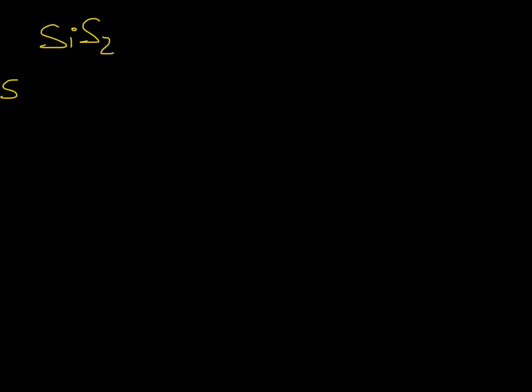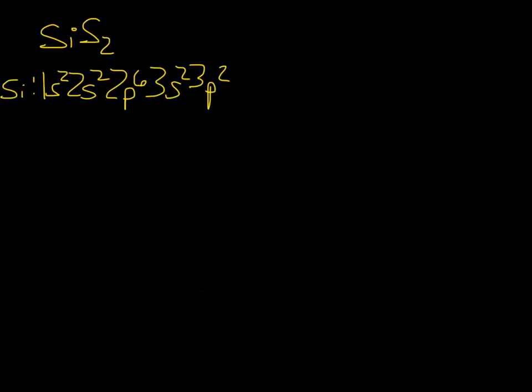If we start with silicon, silicon is 1s2, 2s2, 2p6, 3s2, 3p2. So his valence electrons are there. He's a total of 4. So he'll be Si with 4 valence electrons.